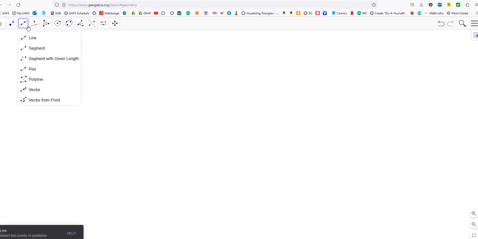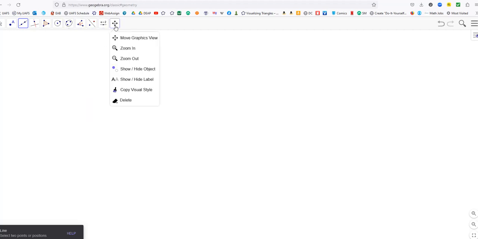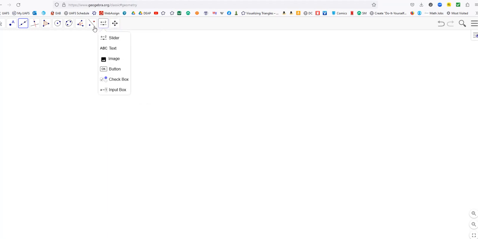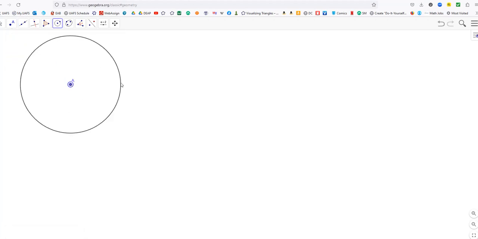So let's just look at a few things here. If we have something like a circle, a set of points here, that is a closed plane figure. It is a curve. It starts and stops at the same point.